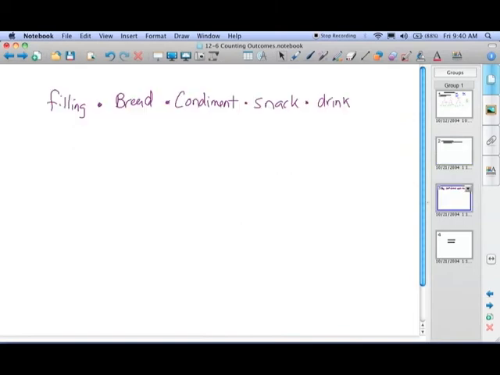So on the next slide, we have the fillings times the bread times the condiments times the snacks and the drinks. So we originally had 3 fillings. We had 2 breads. We had 2 condiments. And then finally we talked about having a choice of 2 snacks and 2 drinks that we did not put on the tree diagram, but we could have had them.